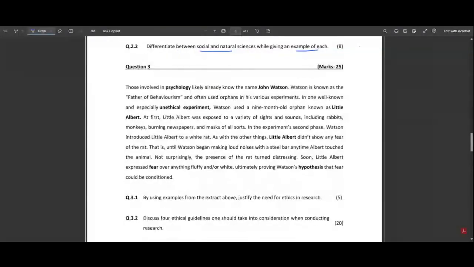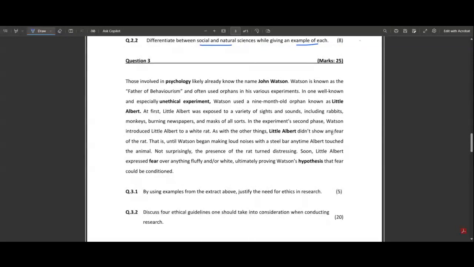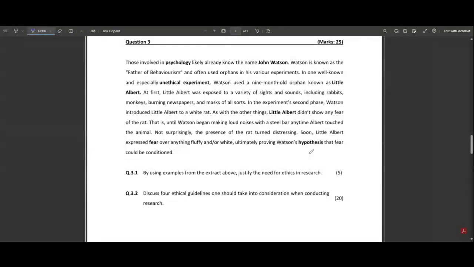Okay, question 3 was all about ethics. You are very likely to get an ethical case study question like this. They love asking this, and it's a nice question because yeah, if you remember the ethical principles and if you understand them, you should be able to fairly easily motivate for these marks.